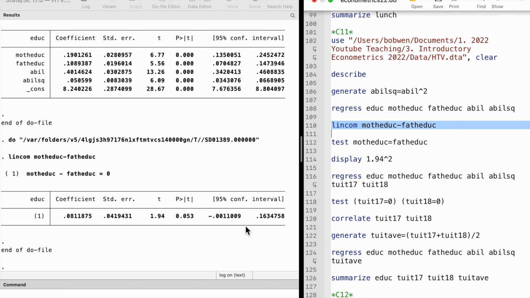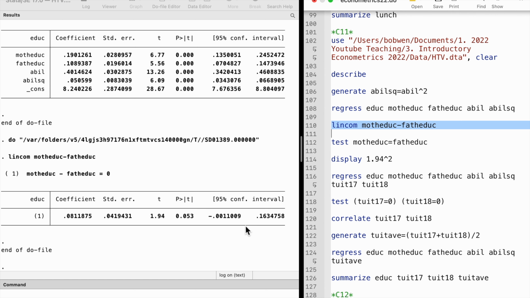We type lincom followed by the null hypothesis. Notice that we don't need to type the equal sign and the number 0. We type the linear combination part, and Stata knows that we mean it is equal to 0. We type the variable's name, and Stata also knows that we mean the coefficient of the variable.